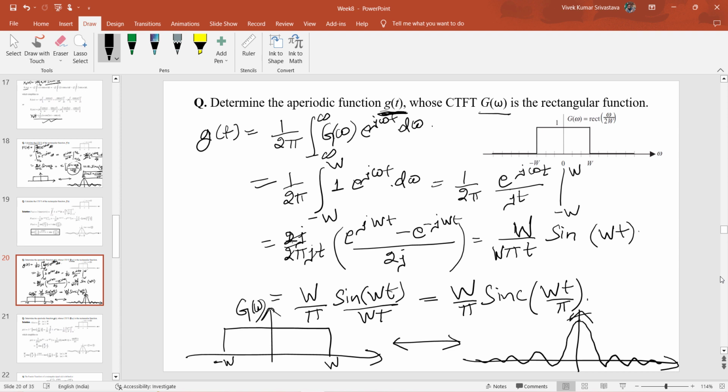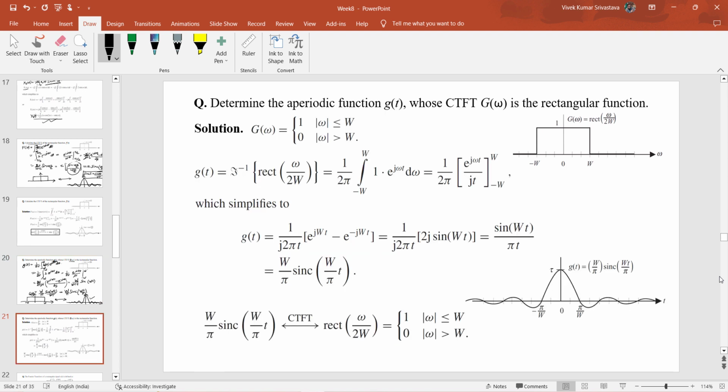I am saying this because this property is very important from a communication perspective. In communication, several times for solving a problem, if the signal in the time domain is a rectangular function, the corresponding frequency domain we analyze as a sinc function, or vice versa.